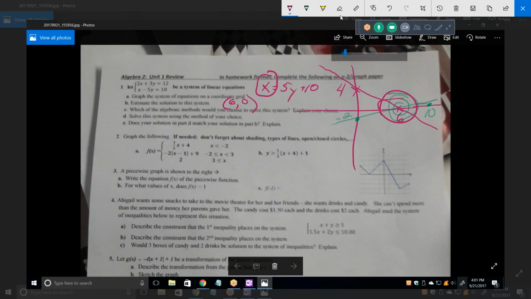It's only on one side of the equation, it's all by itself. If this is what they gave me, I would have used substitution. I'd have gone back to the first one and substituted 5y plus 10. So elimination is used whenever they're both in standard format. Elimination is almost always the best way to go. All right.